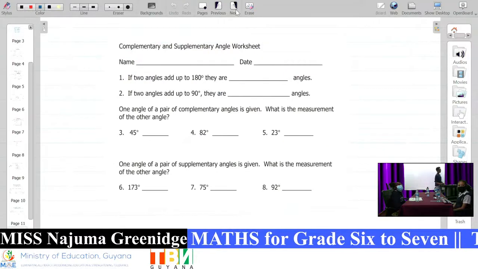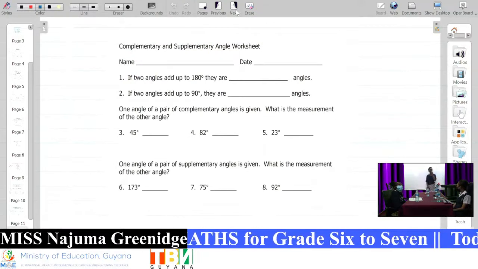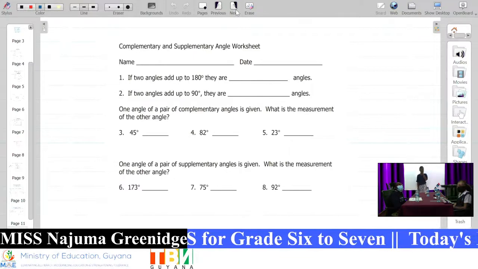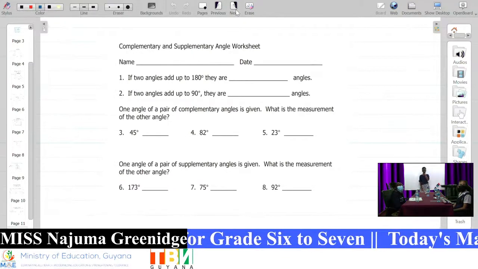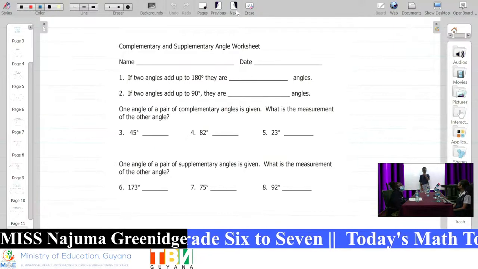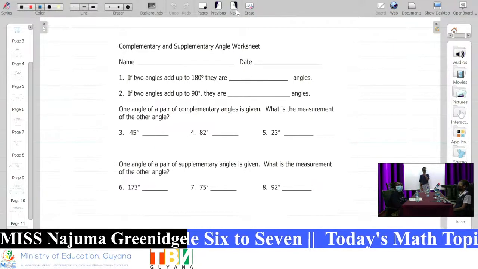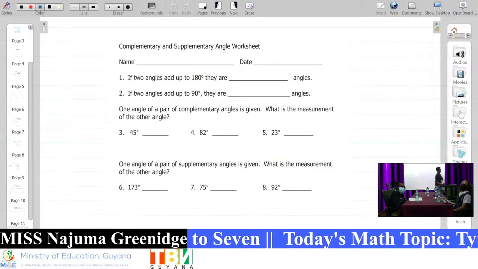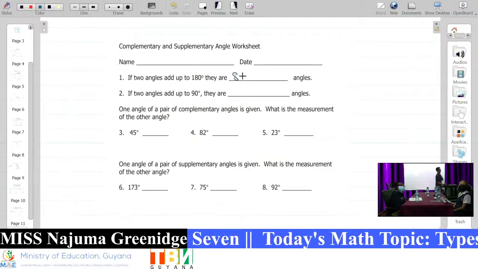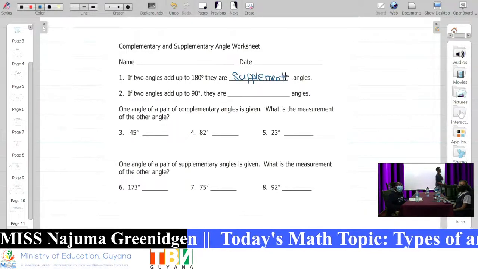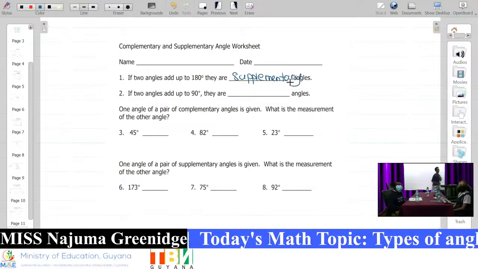So let's examine some of the concepts that we've been looking at. If two angles add up to 180 degrees, they are called supplementary. That's the word we're looking for. So we write supplementary. Good.